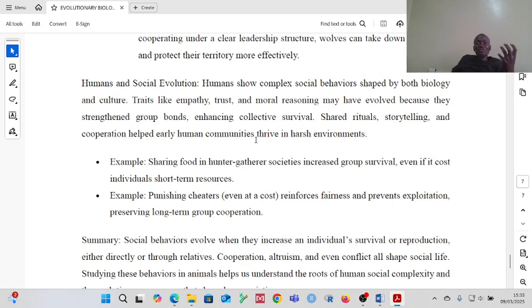Because uko na chakula leo jioni, you share it out, kesho asubuhi hauna. If you had not shared it out, you have it now, you'll have it even tomorrow. But now you are sharing it with other people because you want to enhance the survival of the group. Okay?